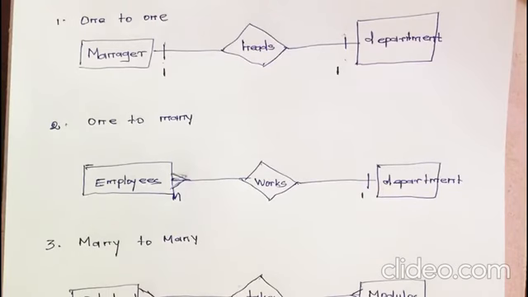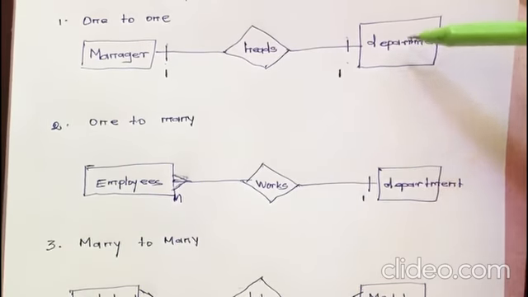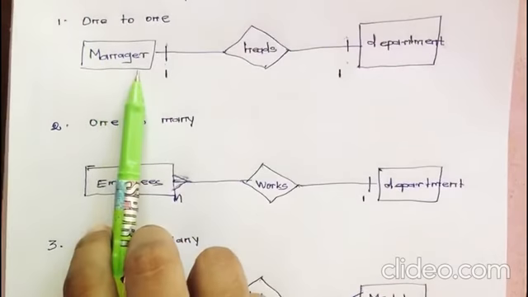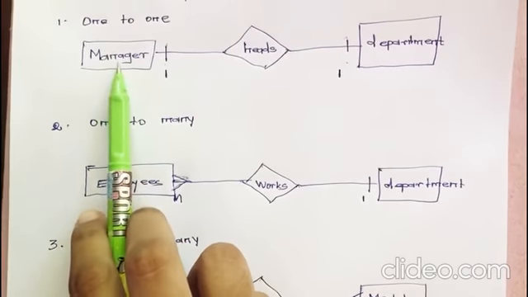Even if the theory is there, many people find it very difficult to identify the cardinalities between the entities. So here we can have a quick look at how to easily find the cardinalities. Let's say from this side, if there is a department, the department can be headed by only one employee, which means one manager.